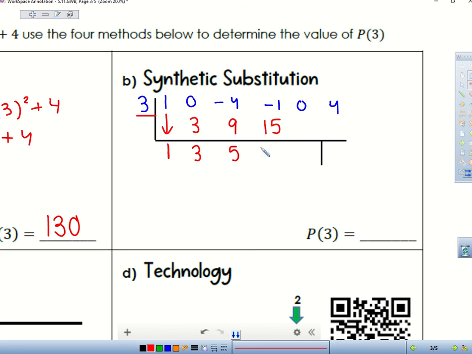Combine, we get 14. Multiply, we get 42. Bring it down. Multiply, we get 126, which gives me a remainder of 130. Isn't that as expected?